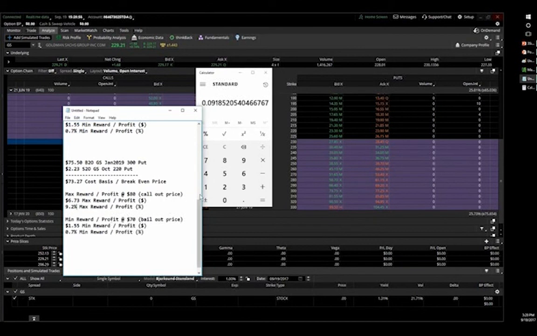Let's figure out our max risk. 73.27 minus $70 is $3.27 of max loss or max risk, which is still doable.